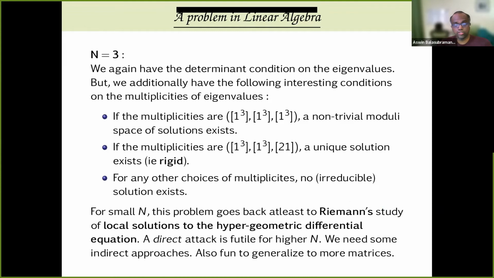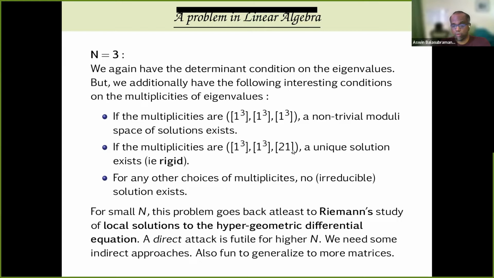Okay, so now let's go to the next case, which is N equal to 3. Here we have something more interesting. We again have the determinant condition, obviously, but we additionally have conditions on the multiplicities of eigenvalues. For example, if the multiplicities of the eigenvalues of the 3 matrices were just 1 cubed, 1 cubed, 1 cubed, which is to say they all have distinct eigenvalues, a non-trivial moduli space of solutions exists in this case.